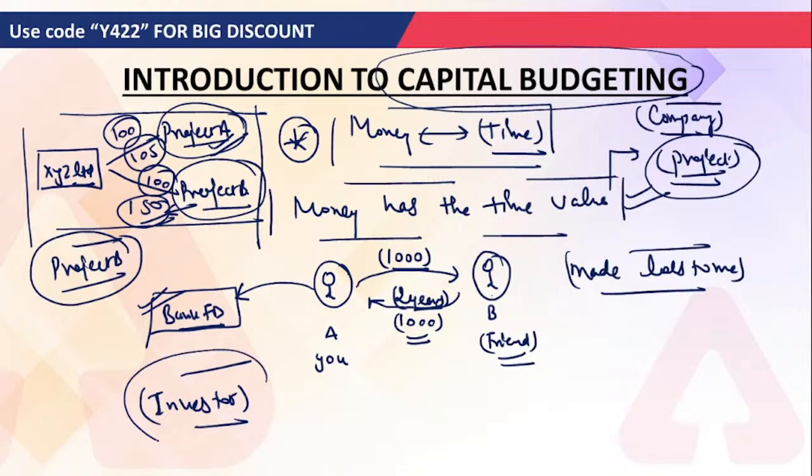That is what you are going to understand in capital budgeting, and for calculating that, there are different methods that you will learn in this chapter. I hope it is understandable.